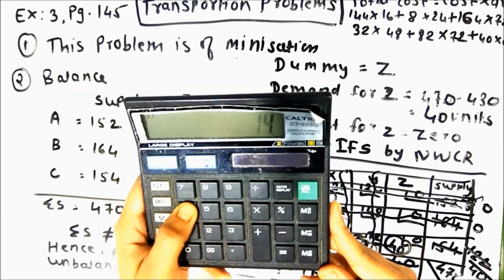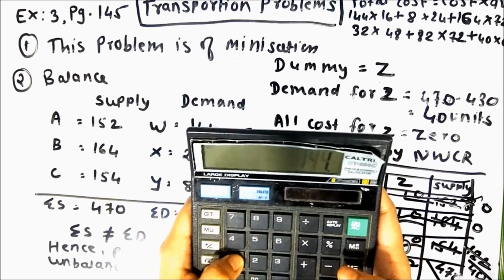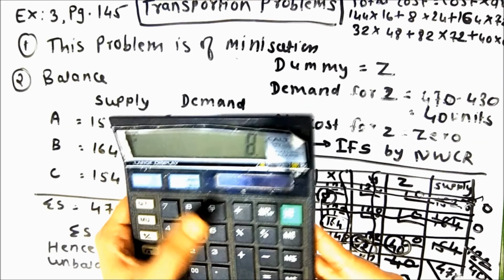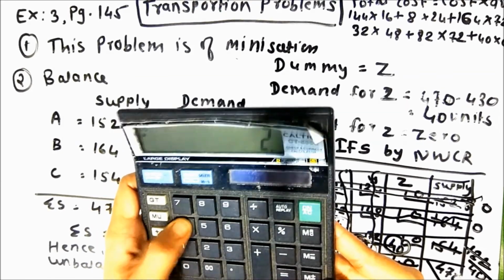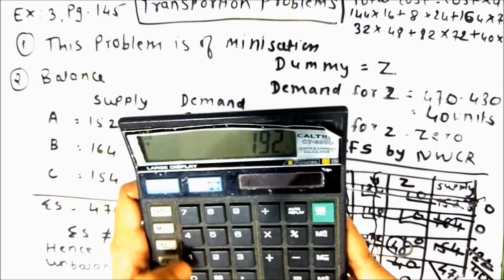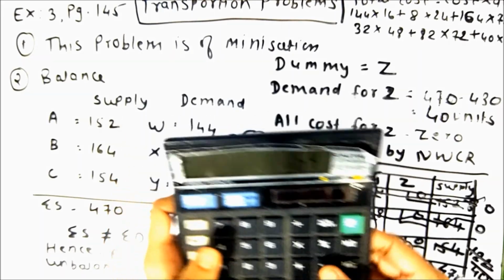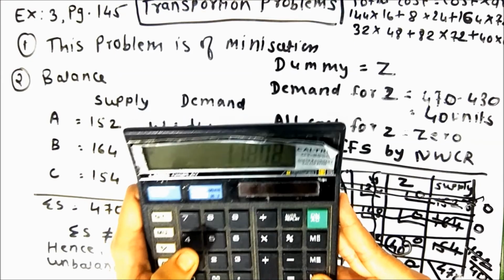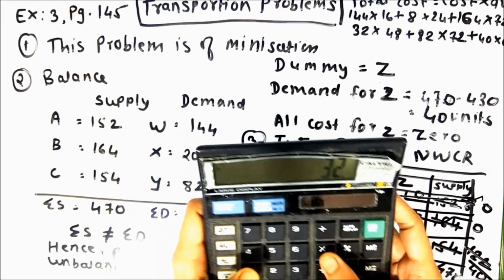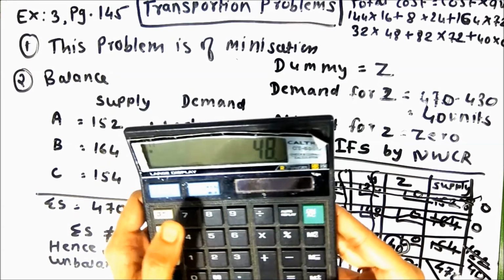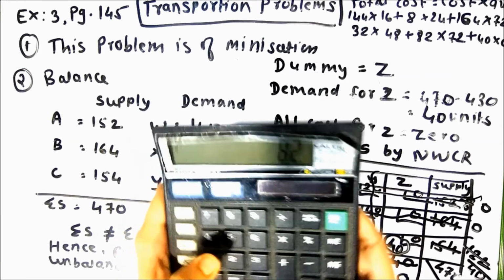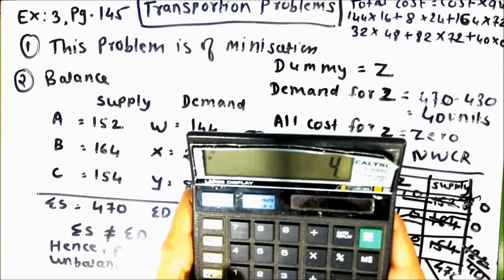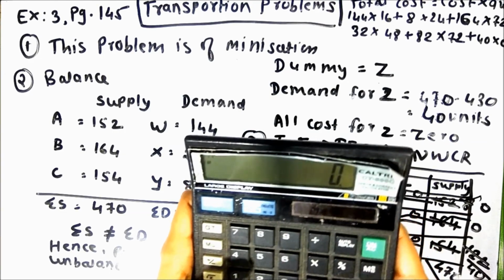We have to find out 144 into 16. We have to press M plus, then 8 into 24 M plus, 164 into 72 M plus, 32 into 48 M plus, 82 into 72 M plus, 40 into 0 M plus.